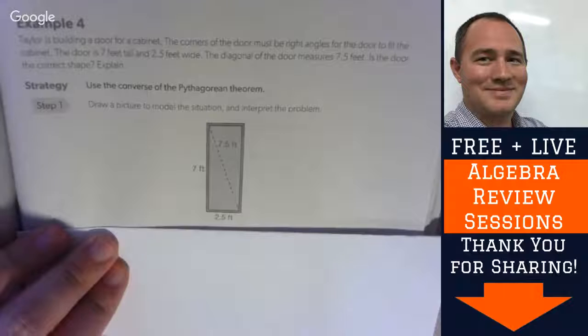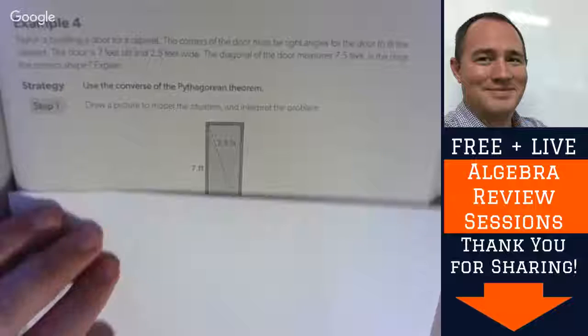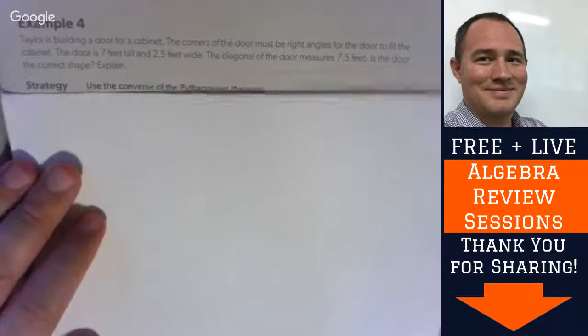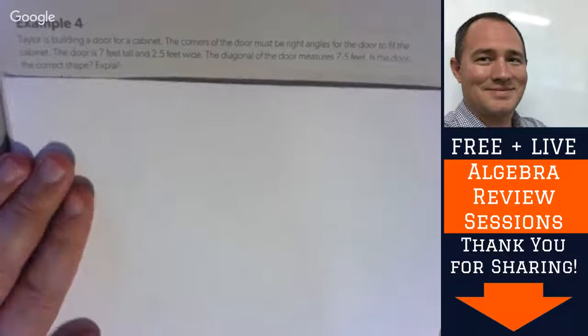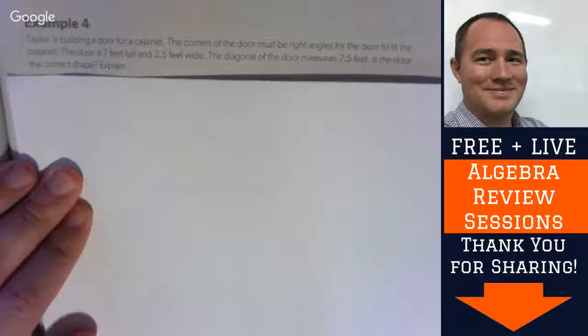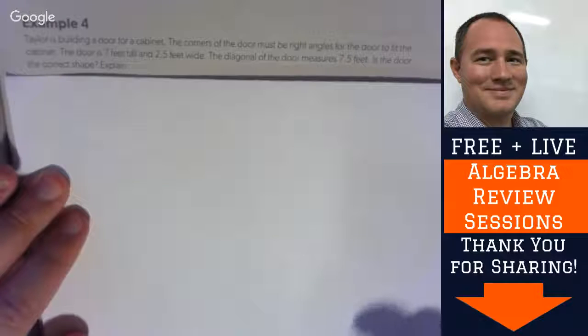So it looks like Taylor's building a door for a cabinet. And let me actually cover that up because we would only have this. That's all we'd have. Okay, so Taylor's building a door for a cabinet. So if you can picture what a cabinet looks like, think going in your kitchen and looking at one of those doors. The corners of the door must be right angles.